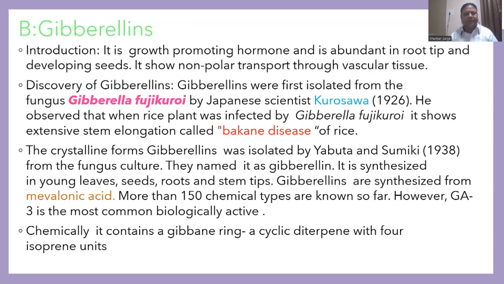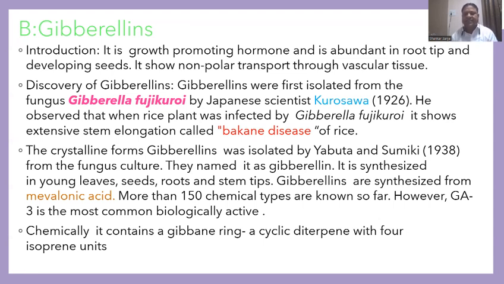The crystalline form of gibberellin was isolated by Yabuta and Sumiki. Scientists named Yabuta and Sumiki also isolated the crystalline form of gibberellin from the fungus culture. They named it gibberellin. It is synthesized in young leaves, seeds, roots, and stem tips.